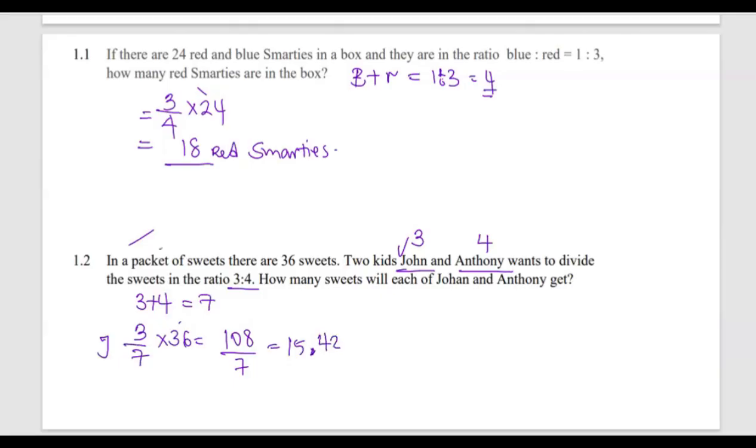But remember this, you can't have half a sweet. So this is approximately 15. Then Anthony will get 4 out of 7 times 36, which is 144.